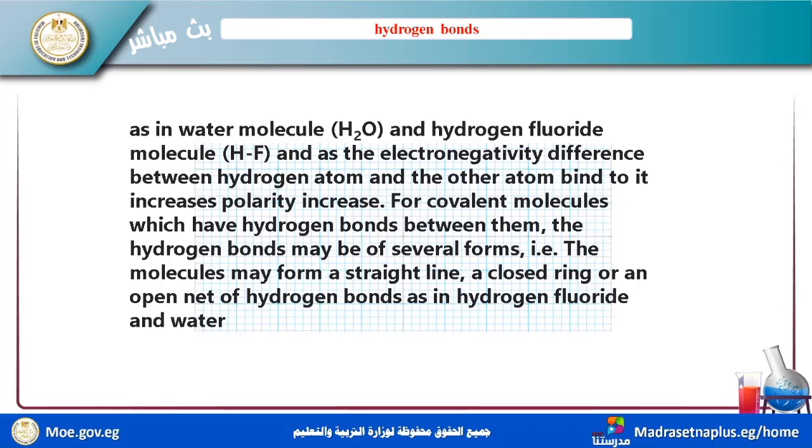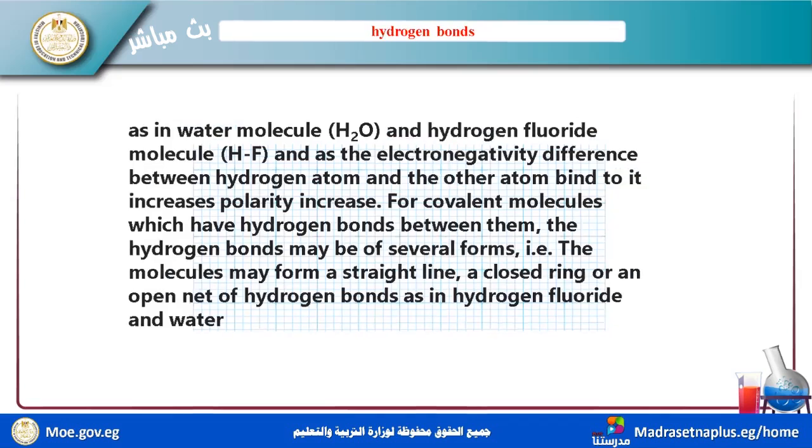Firstly, the difference in electronegativity between the two atoms: as the other atom increases in electronegativity, the polarity increases. For covalent molecules which have hydrogen bonds between them, the hydrogen bonds may take several forms: the molecules may form a straight line, a closed ring, or an open net of hydrogen bonds as in hydrogen fluoride.